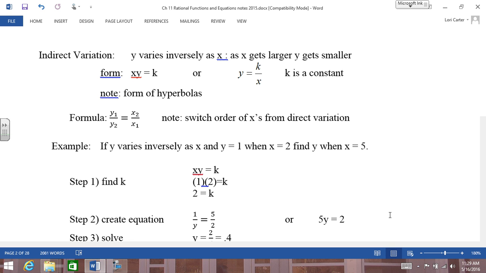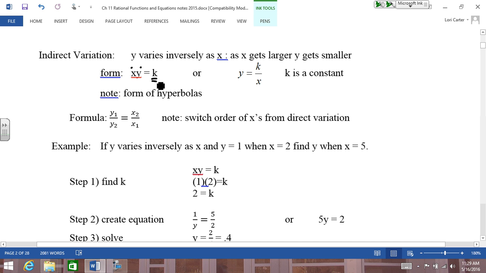So inversely means one goes up and one goes down. This time, instead of taking KX, they're both on the same side of the equation, because as this one gets higher, this one has to get lower to equal the same number.